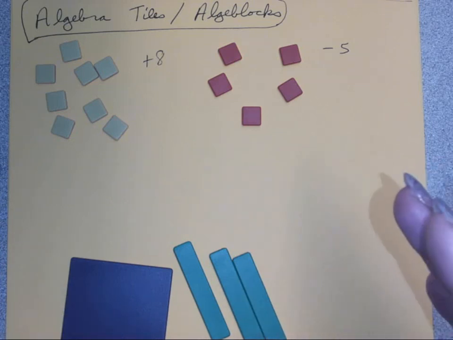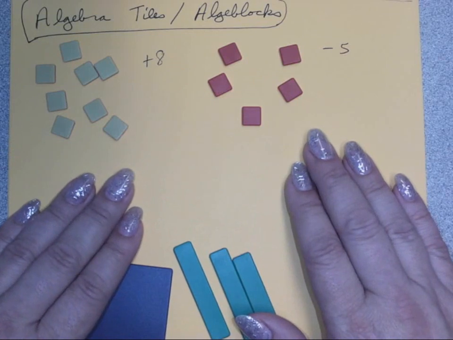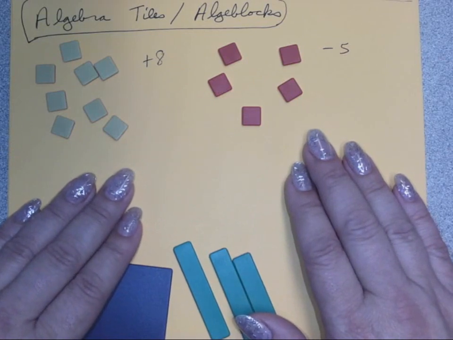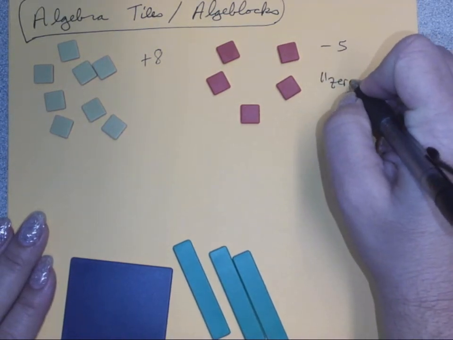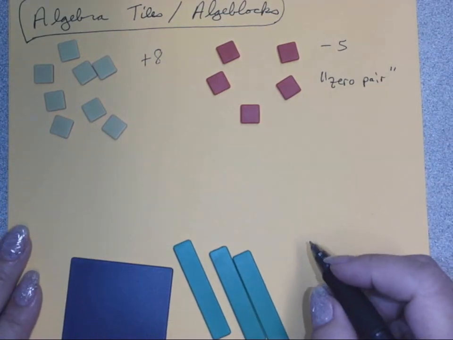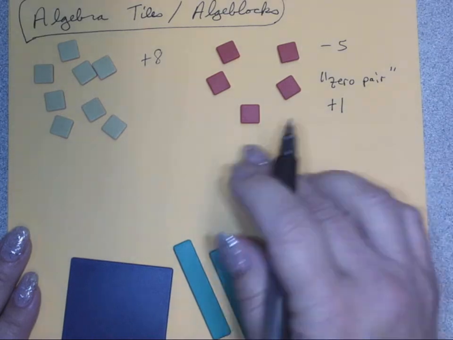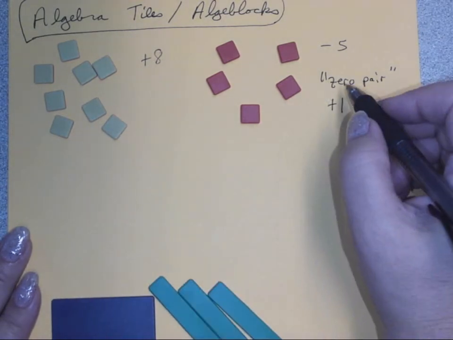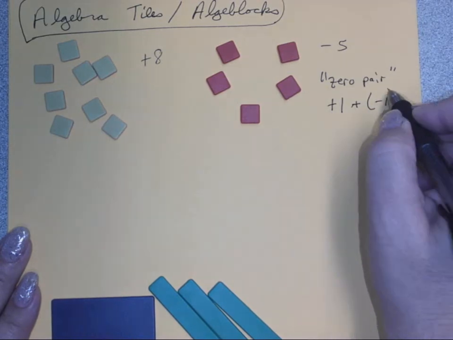So there's this little process that we're going to go through. You're going to need it as we go into Algebra Tiles and Algeblocks, and it's called making a zero pair. What that means is I can make a zero pair by adding a positive 1 of anything, and right now we're just talking about numbers, right? I can add a positive 1 of anything to a negative 1 of anything.